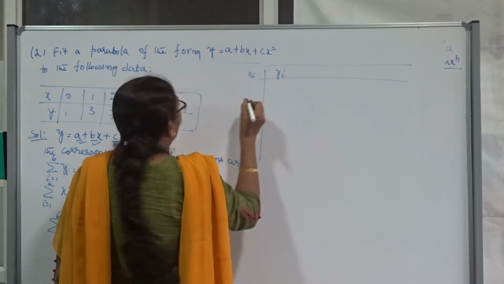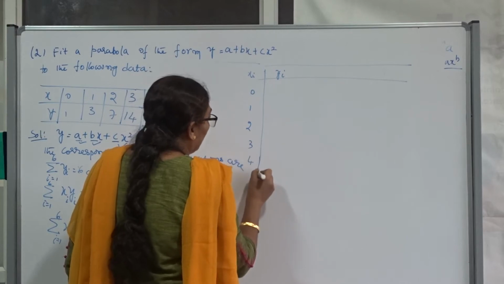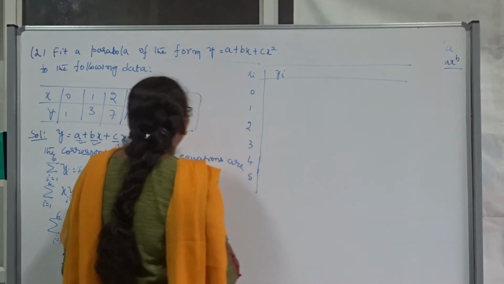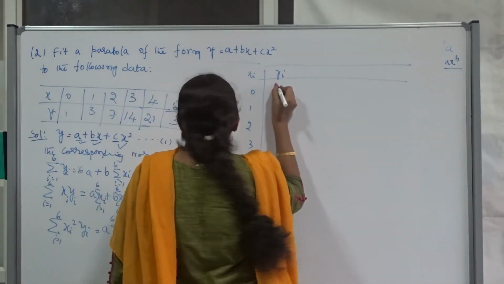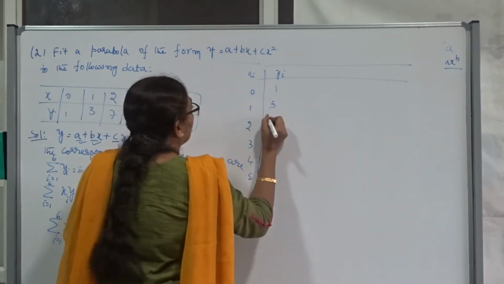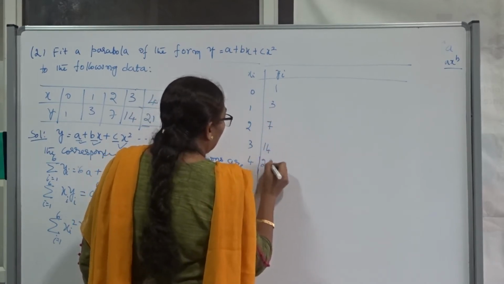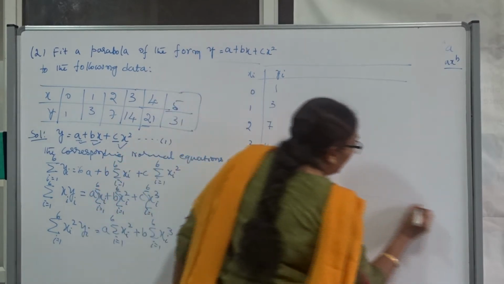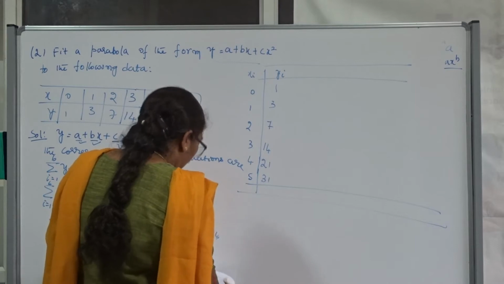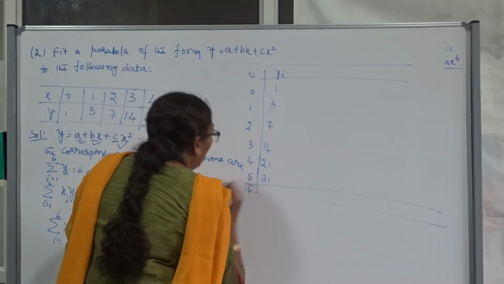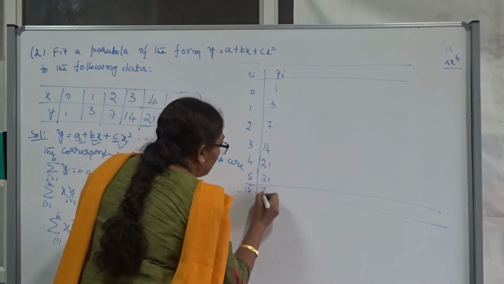The given data is x: 0, 1, 2, 3, 4 and 5, and the corresponding values of y: 1, 3, 7, 14, 21 and 31. The last row is the total. The total of x is 15. Find the total of y using a calculator; it is 76.